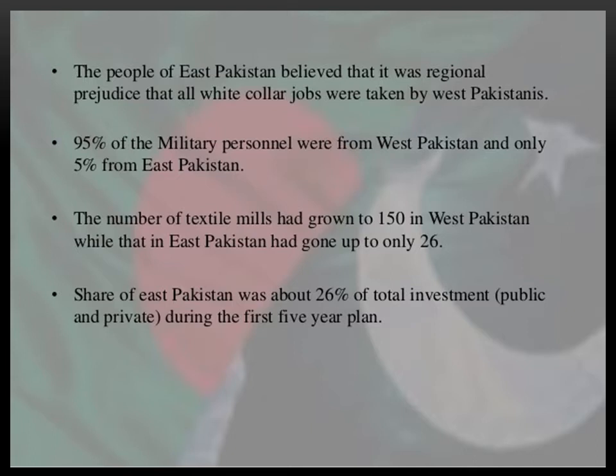In 1951, the per capita income of East Pakistan was 85% of that of West Pakistan. In other words, West Pakistanis were on average 15% wealthier than East Pakistanis. And by 1970, the gap had grown to 40%.